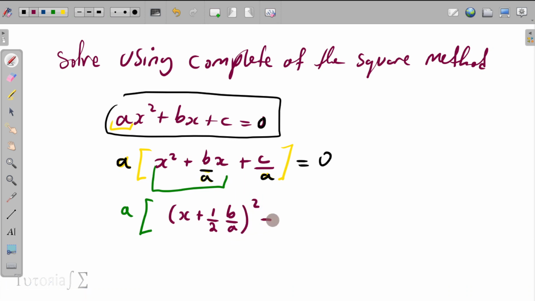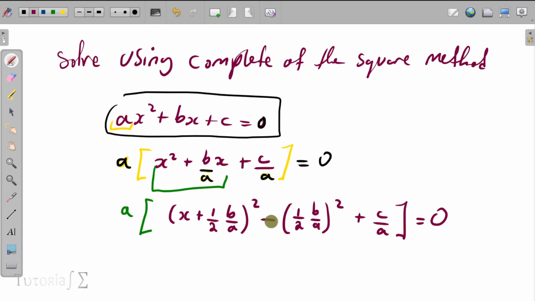Then always here you say minus, I'll explain everything later, minus half b over a, then we square that. Then we have this part that is in the brackets, which is plus c over a. We close the brackets and we say this is equal to 0. So here we've completed the square.